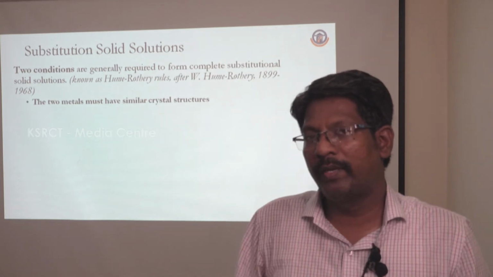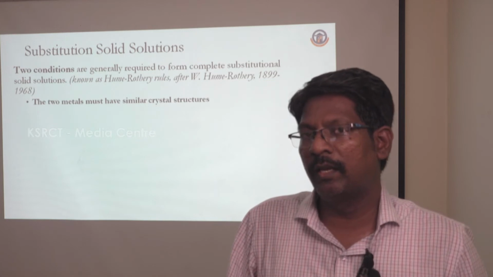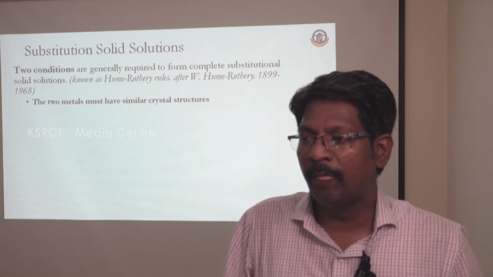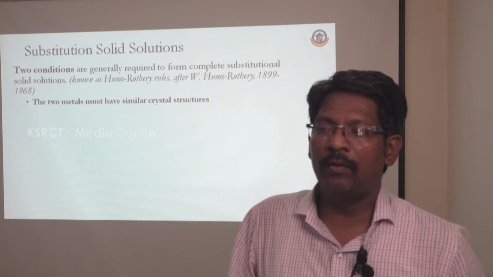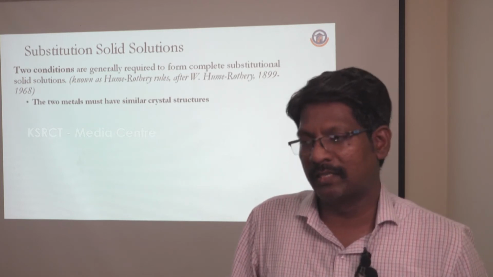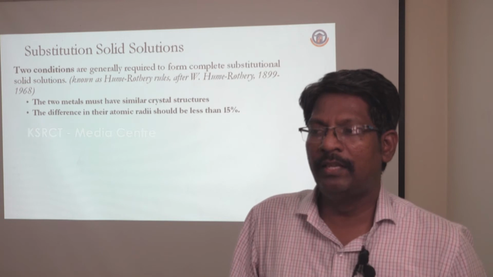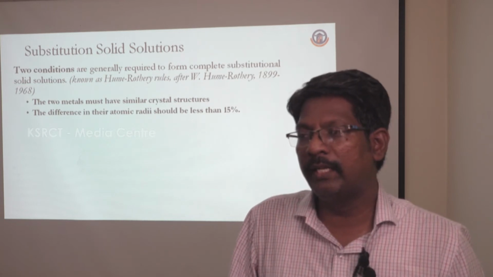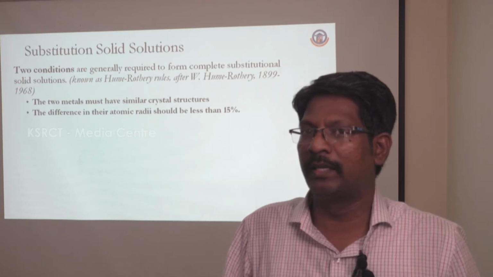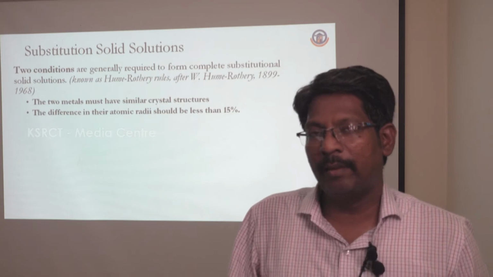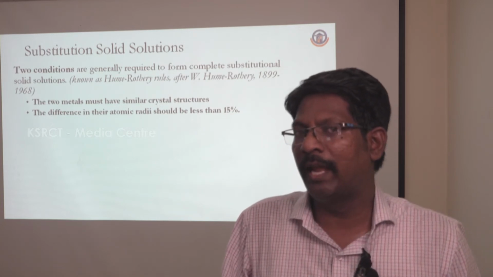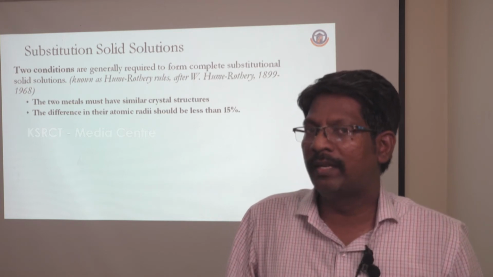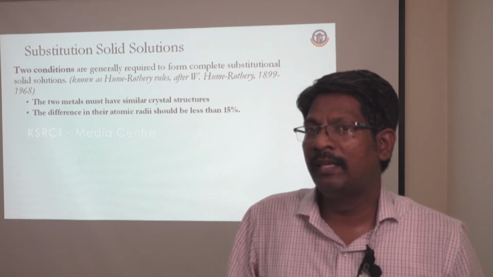In order to obtain a solid solution under the substitutional category, the two metals being added together must have a similar crystal structure. Next, the difference in the atomic radii should be less than 15%. That is, the diameter of the solute atoms and the diameter of the solvent atoms should not have a much difference.